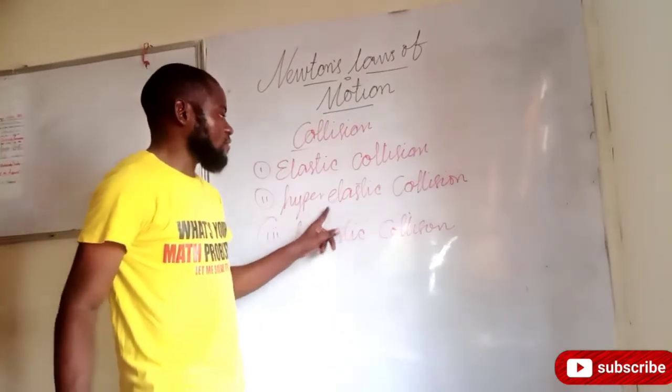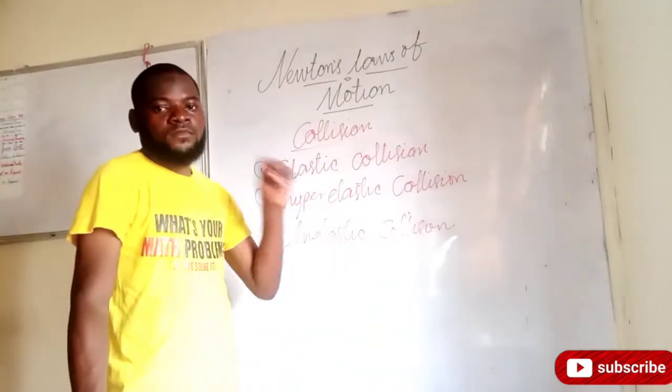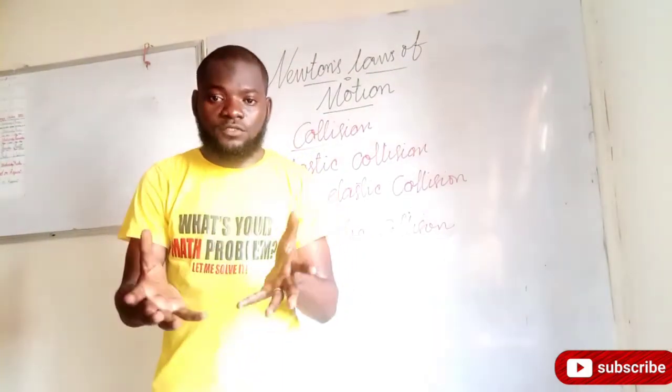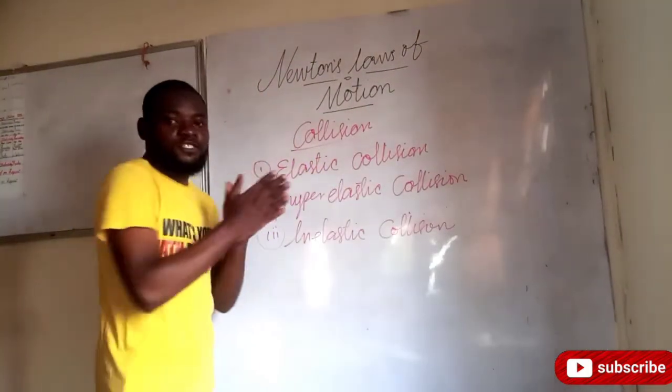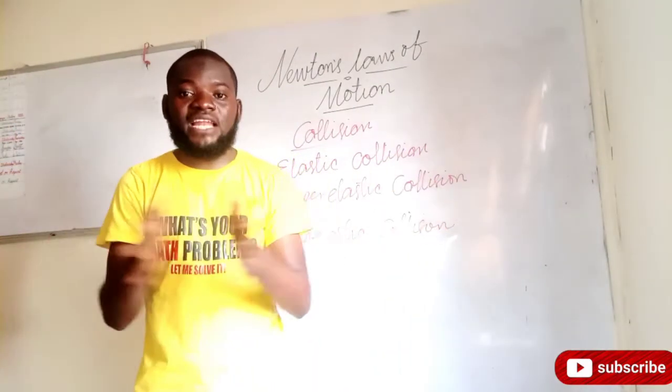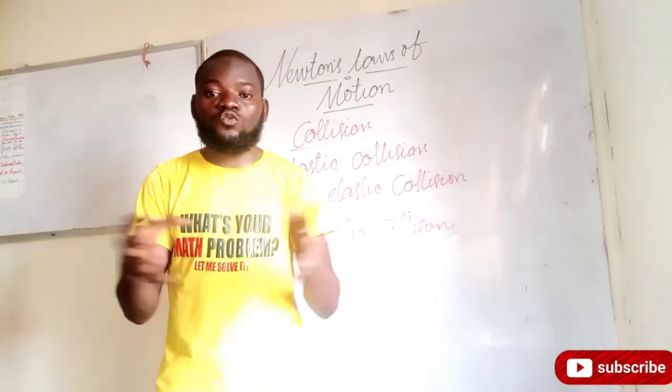But for hyperelastic collision, how can you identify that? For elastic collision, the two bodies repel each other immediately they collide, just like two billiard balls or the collision of two atoms of gas.